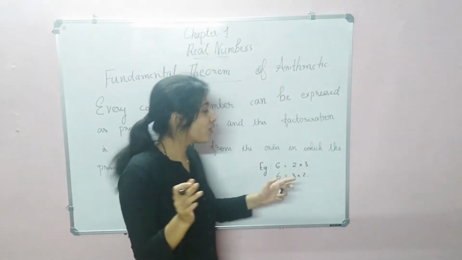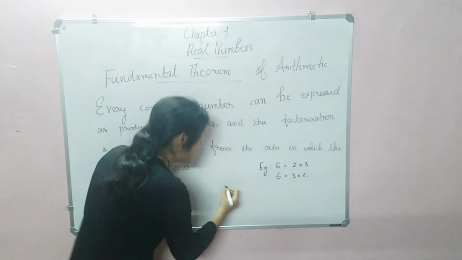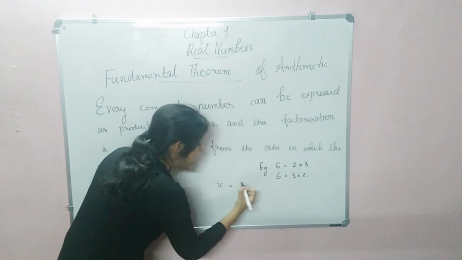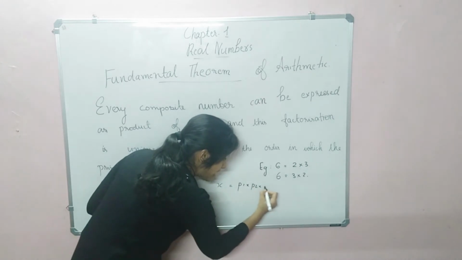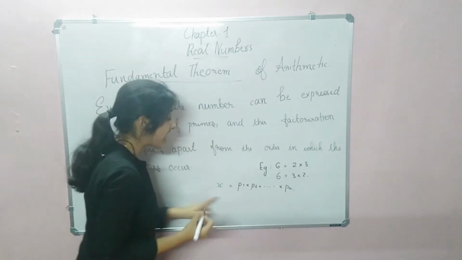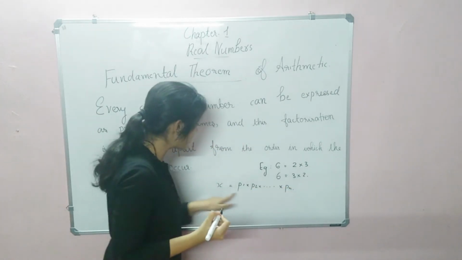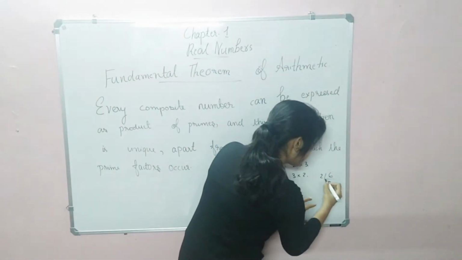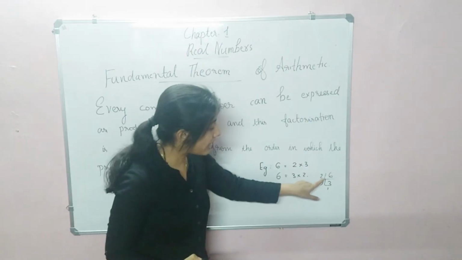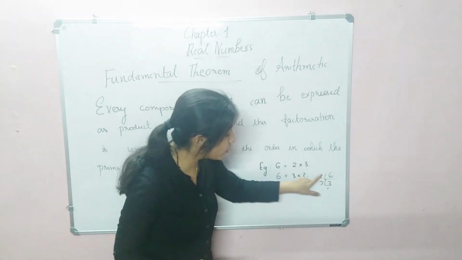So, if I generalize, let x be any composite number. We say that the prime factorization of 6 is 2 into 3.